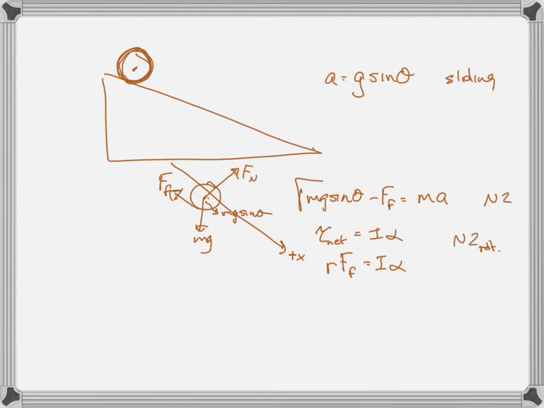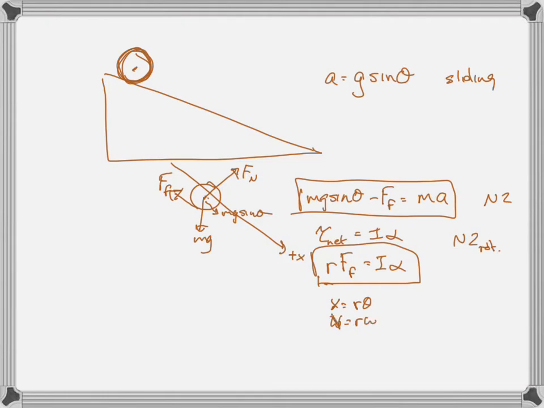We can take this equation and this equation and solve for F_f. And remember the relationships between variables, which we didn't write down in this review: x is equal to R theta, v is equal to R omega, and a is equal to R alpha.